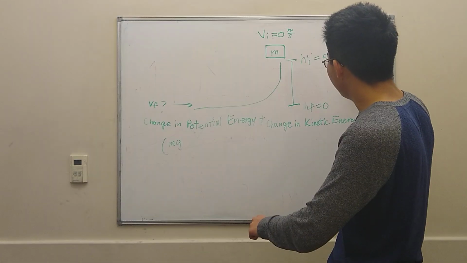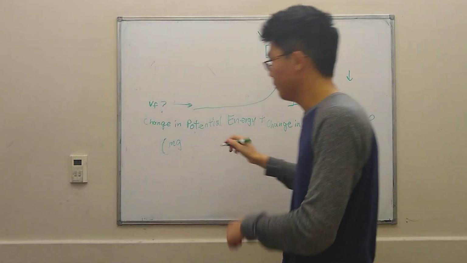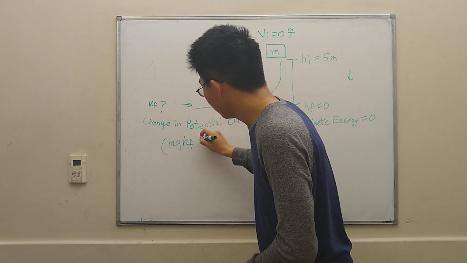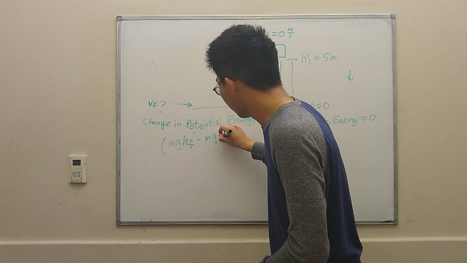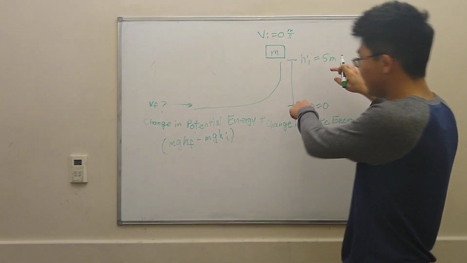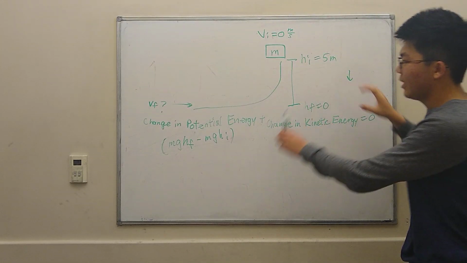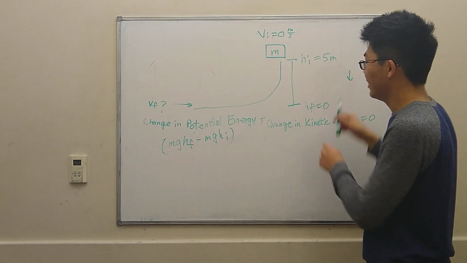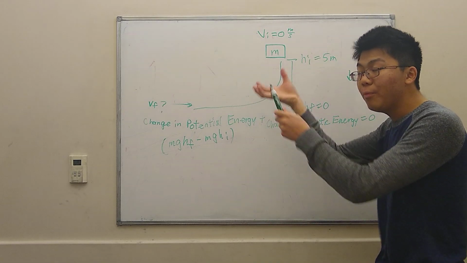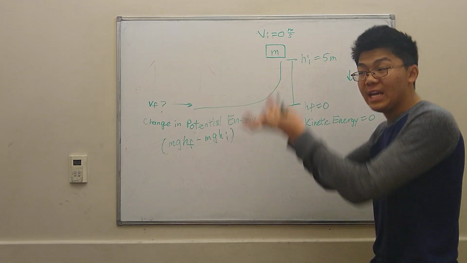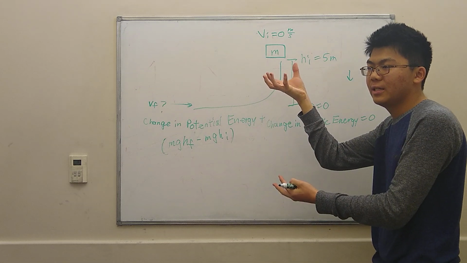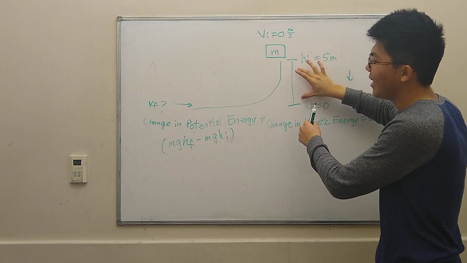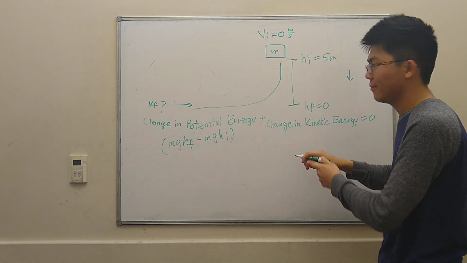Gravity is just acceleration vector pointing downward here. So this is the final height, minus the initial height. The reason why I'm doing subtraction is when you move something upward, away from the Earth, it will gain potential energy.